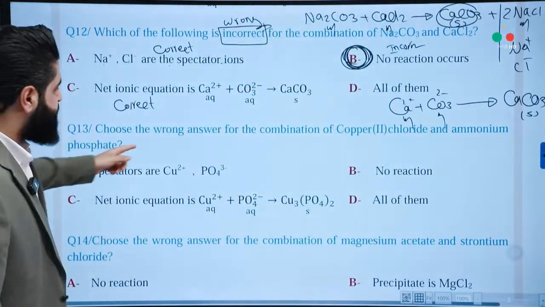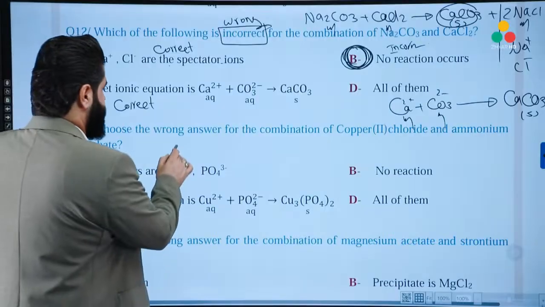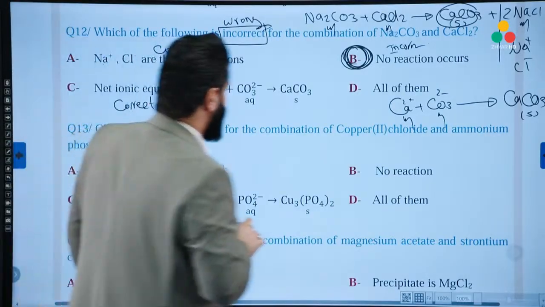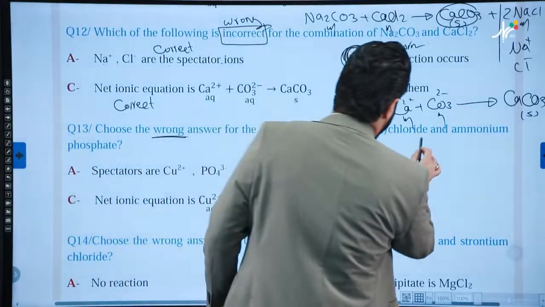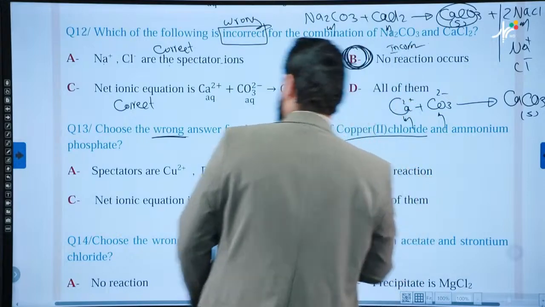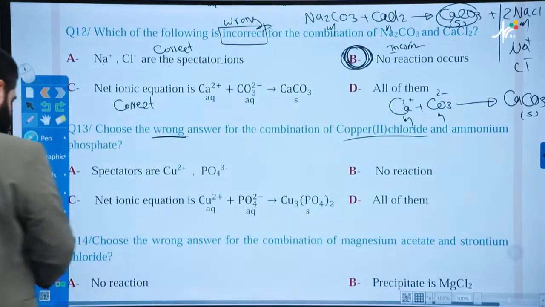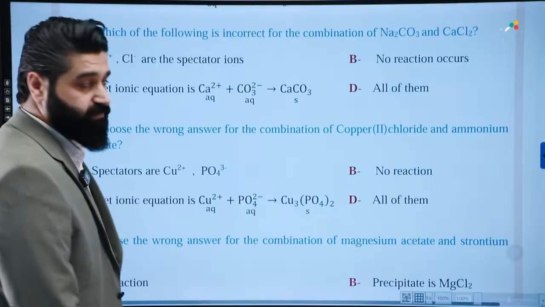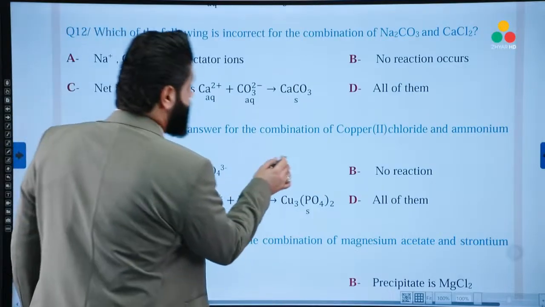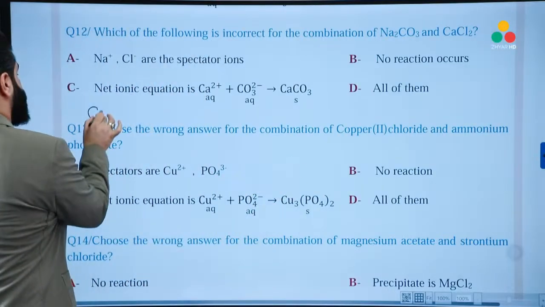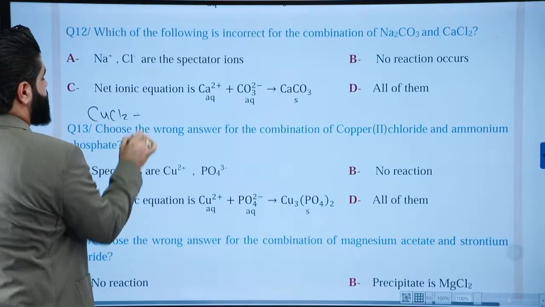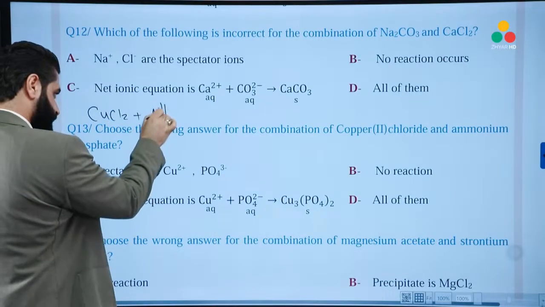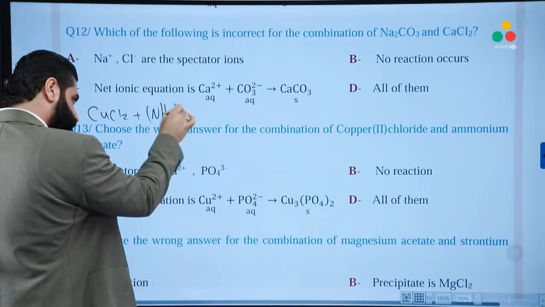Choose the wrong answer. Again, the incorrect answer. Okay? For the combination of copper chloride and ammonium phosphate, this is kind of a challenging question because of the chemical formulas. Look at it. This is copper chloride, CuCl2, plus ammonium phosphate, (NH4)3PO4.